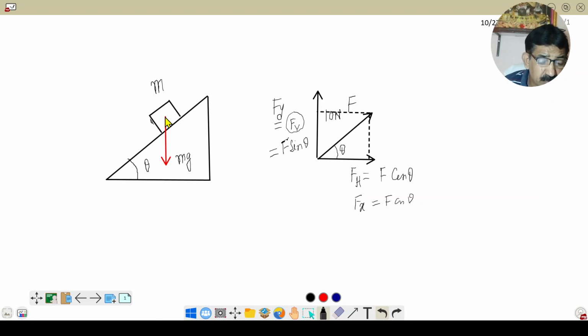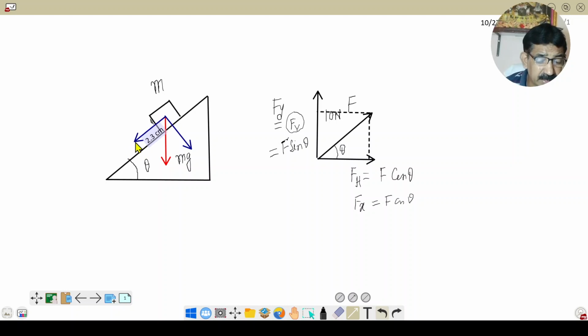Now we shall draw two perpendicular lines, one along the horizontal direction and the other along the vertical direction. But in this case, the sense of vertical and horizontal will be different. So we have to draw two perpendicular lines like this.